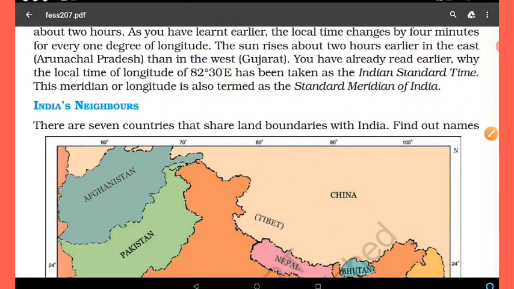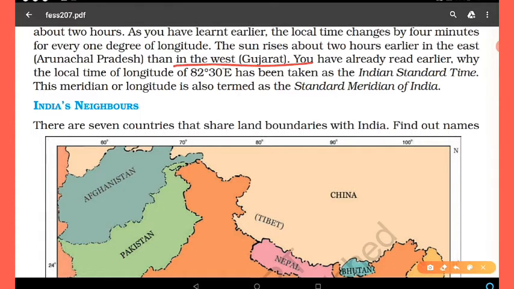So the sun rises 2 hours earlier in the east. The easternmost part of Arunachal Pradesh experiences sunlight, for example, at 4 a.m. in the morning, and the westernmost part of Gujarat will experience the same sunlight at 6 a.m. in the morning. So this is the difference of 2 hours compared to the west.